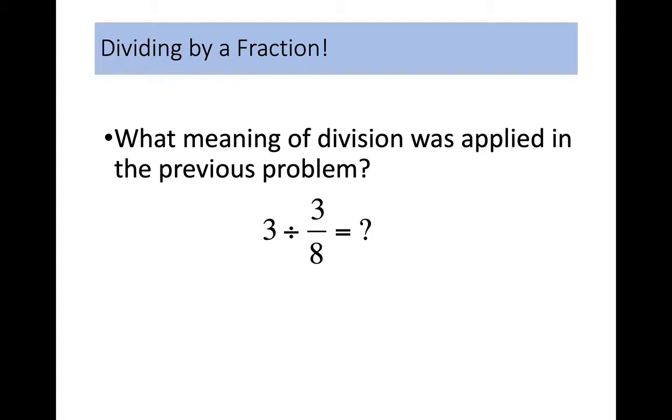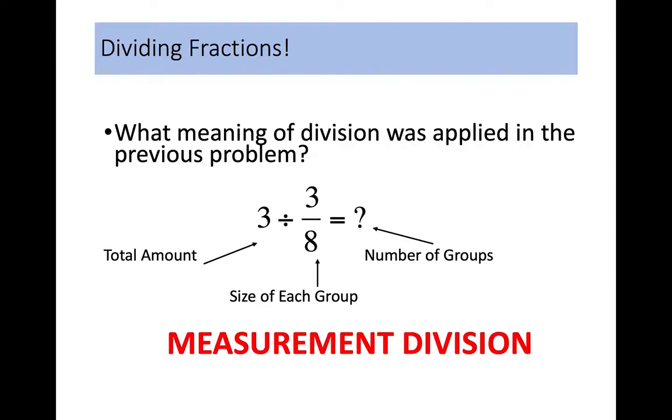So that last problem, let's think about the meaning there. So we had 3 yards of ribbon, and it took 3/8 of a yard to make an awesome bow tie. Thinking back to a couple of units ago, when we think about the meaning of division there, the total amount was 3 yards. The size of each group, to make each bow tie, was 3/8. We were trying to figure out how many bow ties we could make, or in this case, what number of groups we could make.